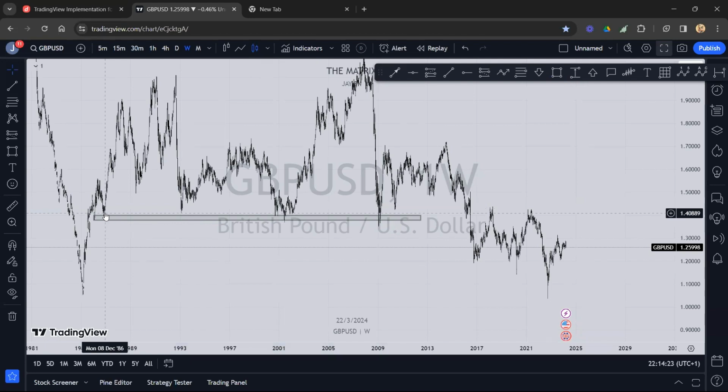This was Monday 8th December 1986. You see that price could not break it till 1993. Price did not break. 2001, price could not break. 2009, 2010, price did not break.